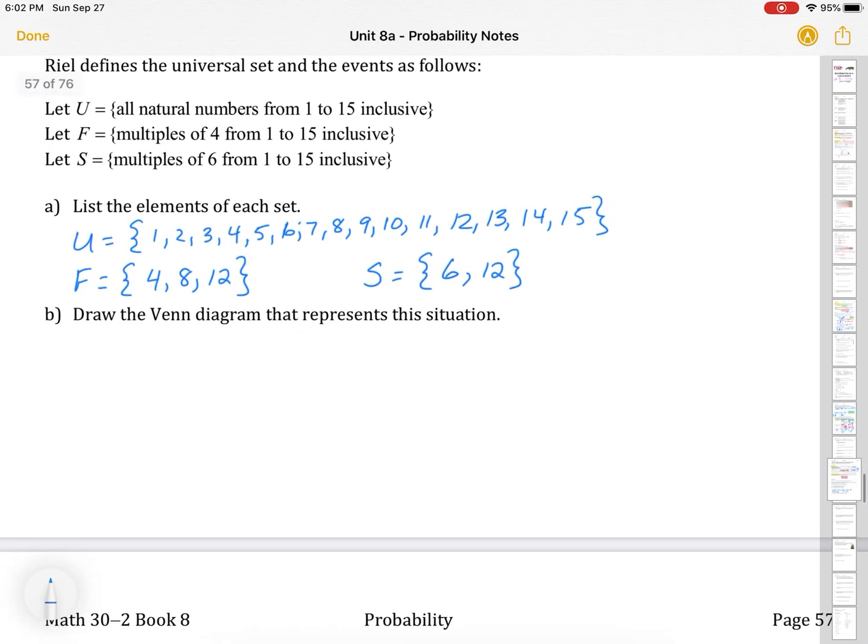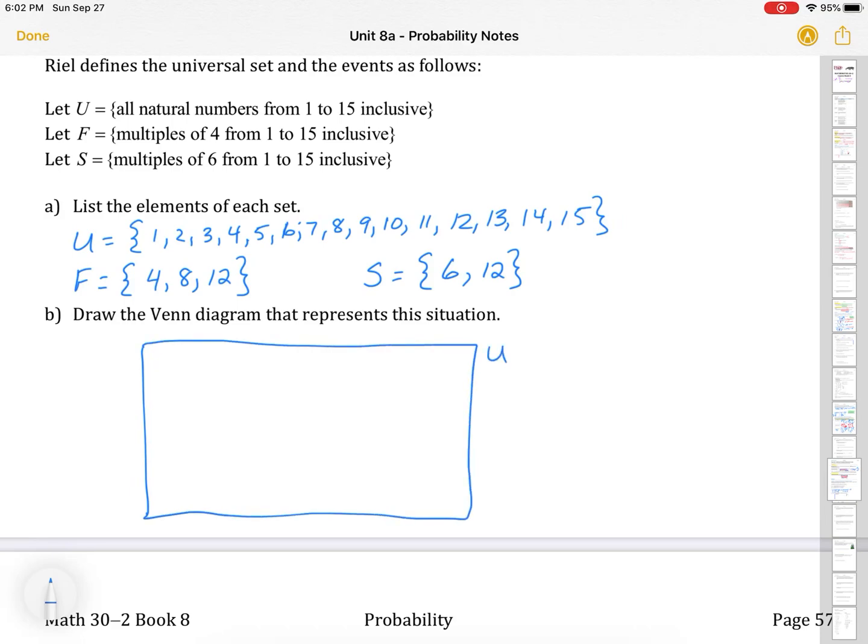Now we're going to use a Venn diagram to help us organize and assess the situation. So we'll draw our Venn diagram. The universal set is there. In it, we have F and we have S. In F, we have 4 and 8, and 12 in the middle because 12 is in both F and S, and 6 here.